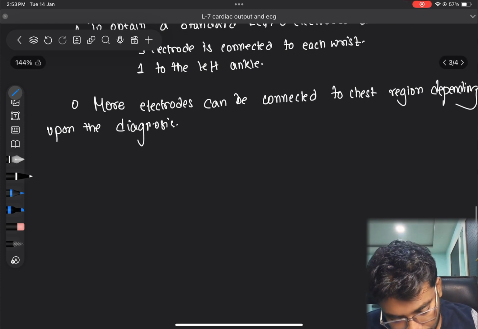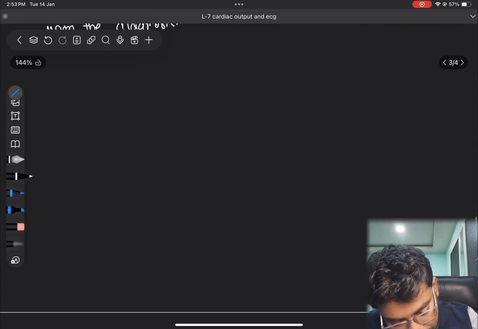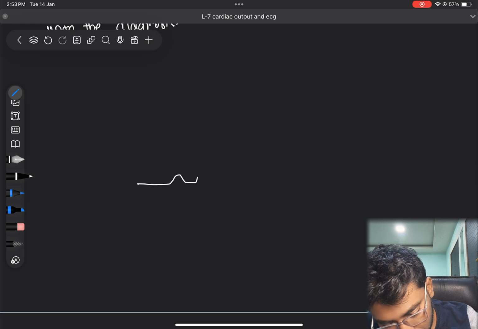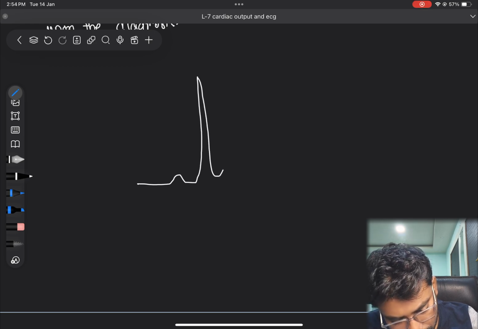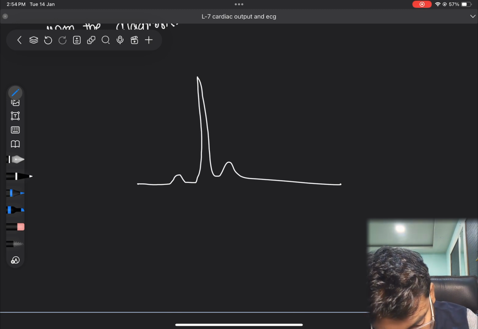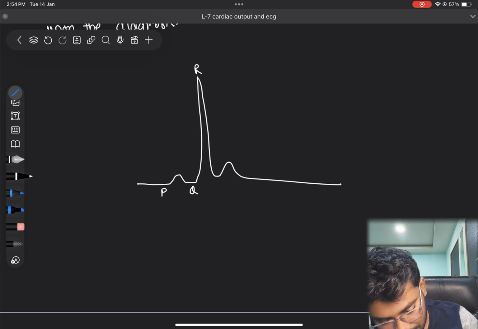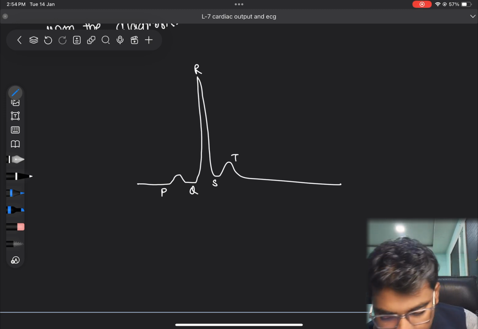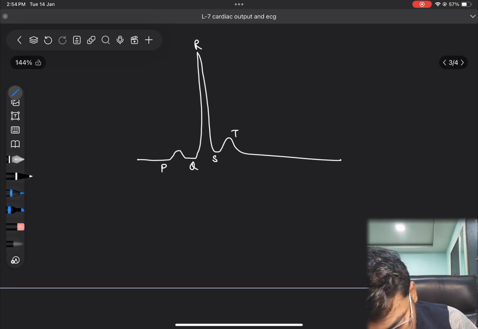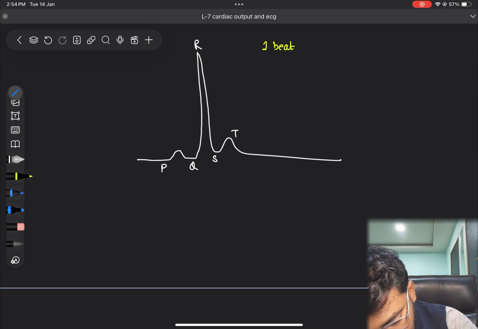Okay, now comes the ECG graph. P, Q, R, S, T. We'll write: 1 beat equals 1 P wave, 1 QRS complex and 1 T wave.